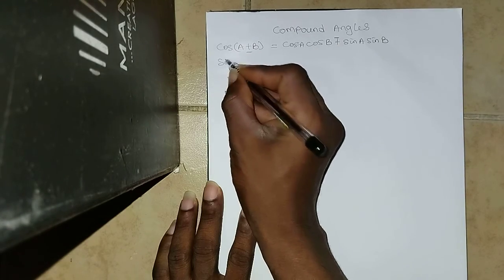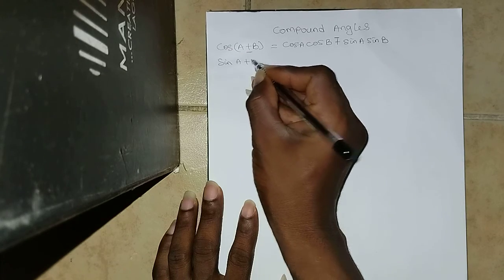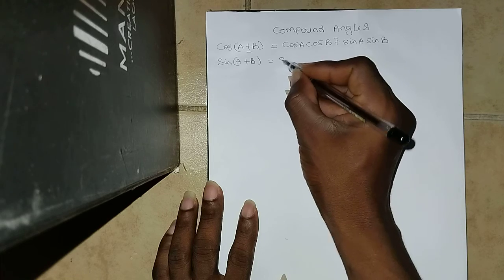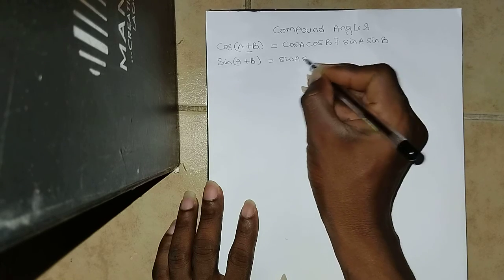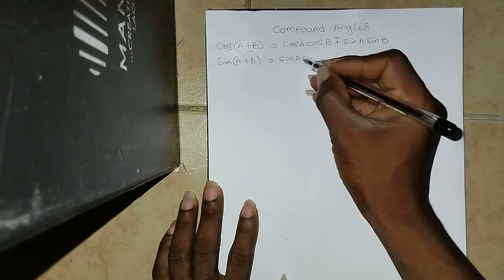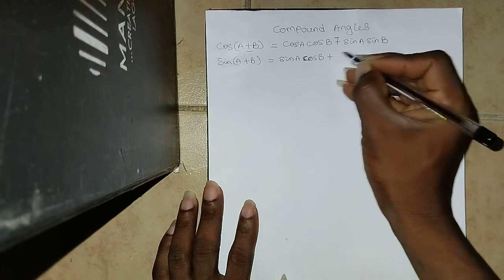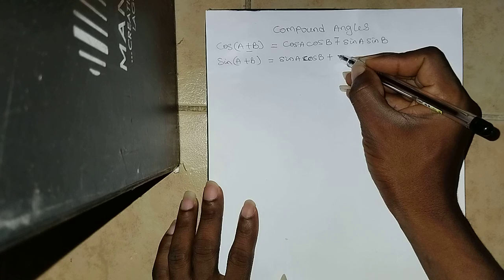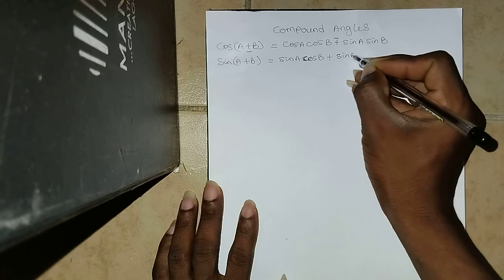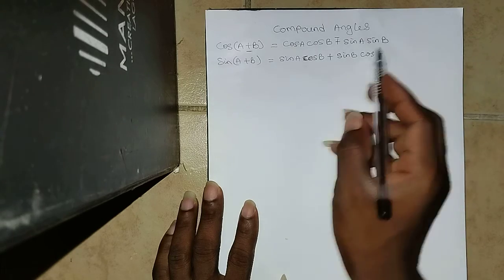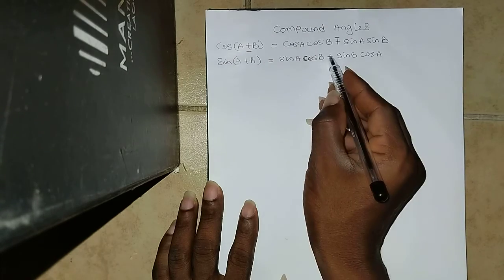Just to see that sine(A + B) will be equal to sine A cos B plus sine B cos A. Now this one does not affect any sign. When it is plus here, it remains plus.